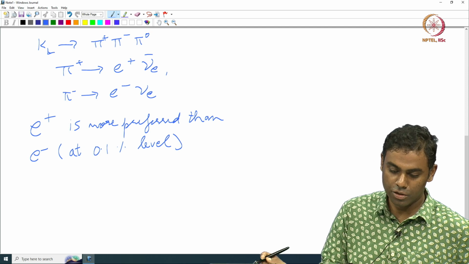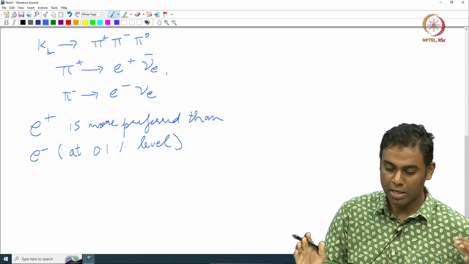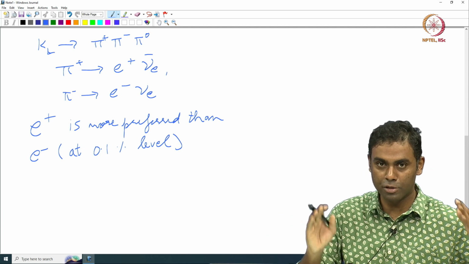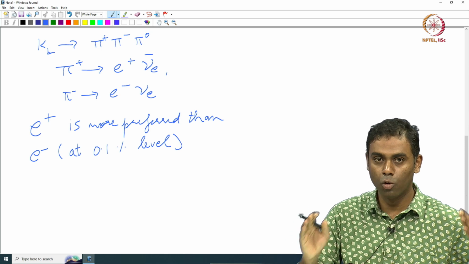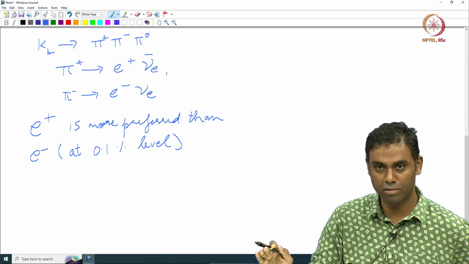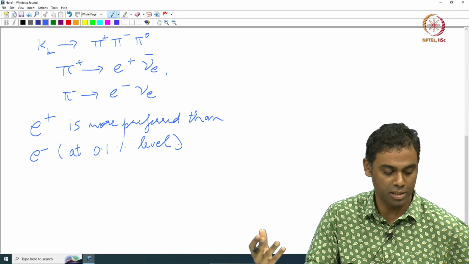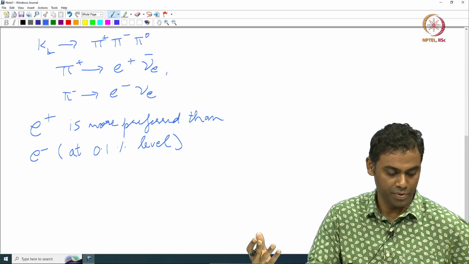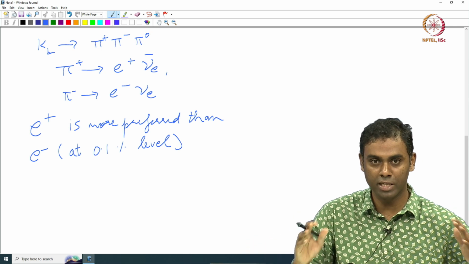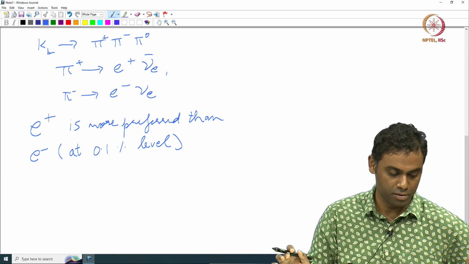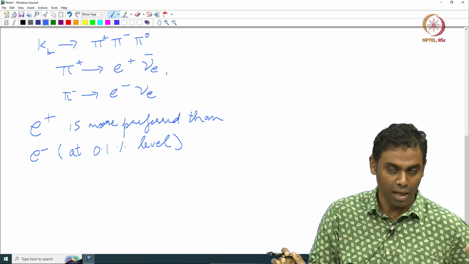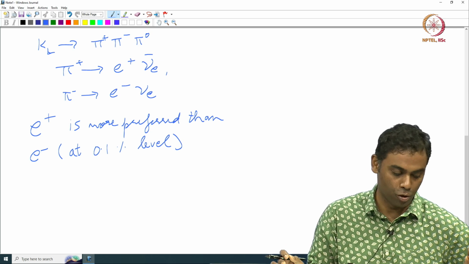Okay. So what we tell them is, take the leptonic final state that is more preferred in this decay process. Okay, we do not know how to specify it as plus or whatever, right? Now, okay, once we say this, they will pick the e plus, right? Good. And then we define right in the following manner.